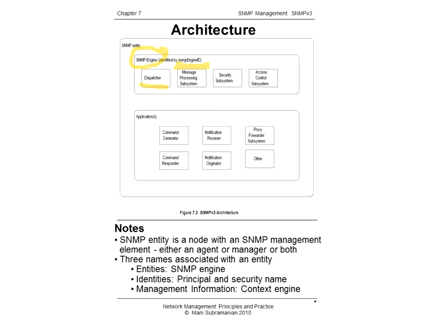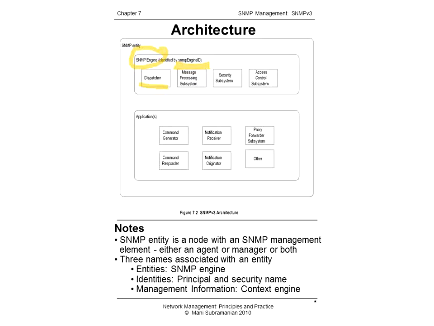It does 3 sets of functions. Firstly, it sends the messages to and receives the messages from the network. Secondly, it determines the version of the message and interacts with the corresponding MPM. And thirdly, it provides an abstract interface to SNMP applications to deliver an incoming PDU to the local application and to send a PDU from local application to a remote entity.